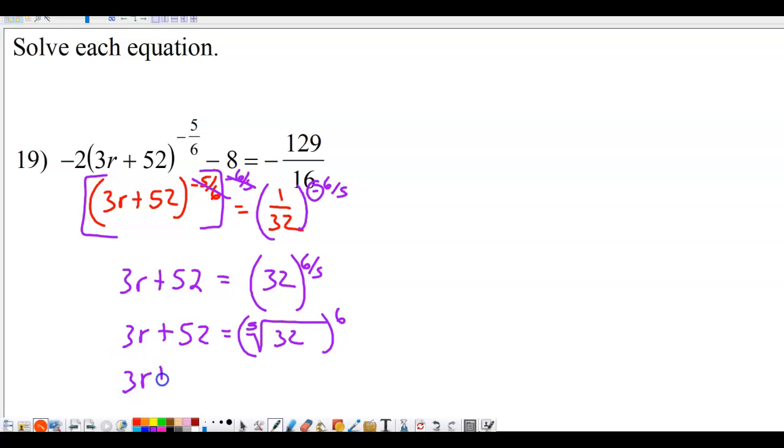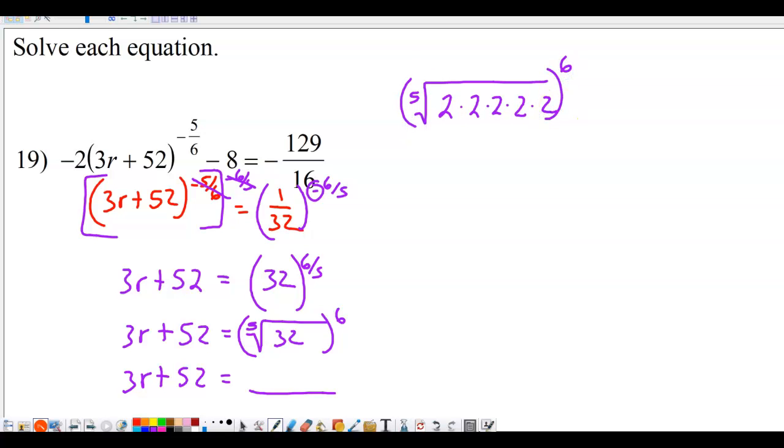Now, we're going to simplify our root, so I'll leave a blank there and I'll show my work here off to the side. 32, if you break it down, would be 5 2's being multiplied together. And it just so happens I'm looking for groups of 5, and I have a group of 5 2's, so I could take a 2 out, cross that off, the root's gone, and so now I'm left with 2 to the 6th power, which is 64. So now I've got 64. And then from there, I'm pretty sure you guys would have no problem solving it.